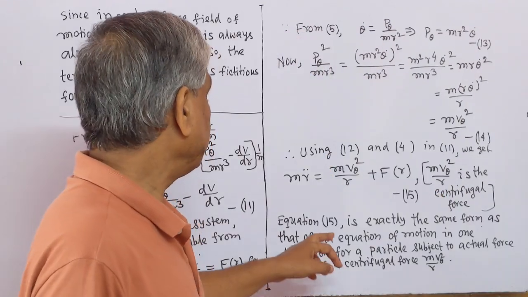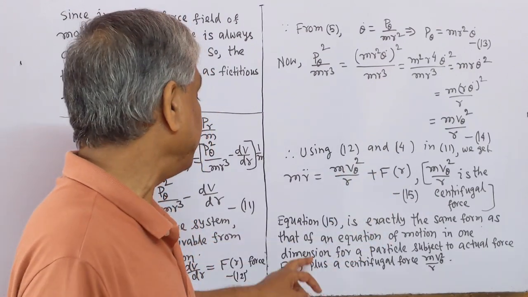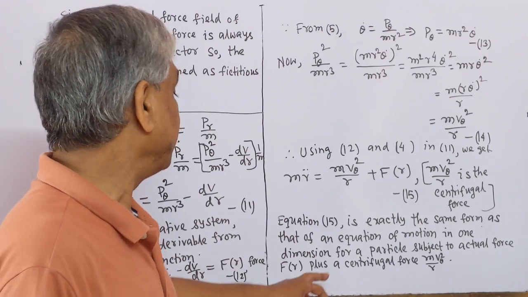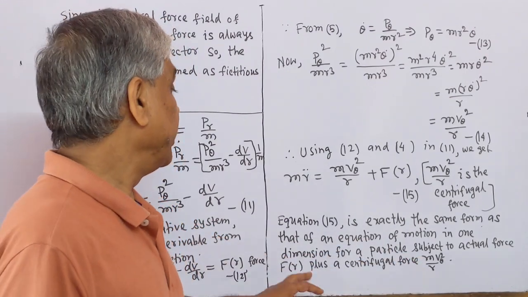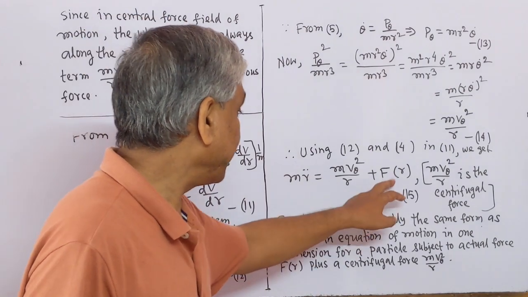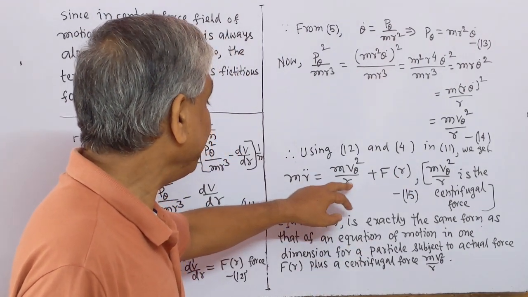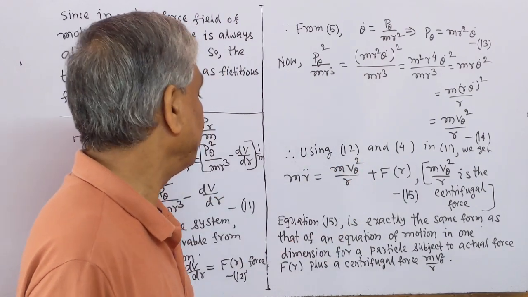Here equation 15 is exactly the same form as that of an equation of motion in one dimension for a particle subject to actual force Fr plus a centrifugal force m V theta square by r.